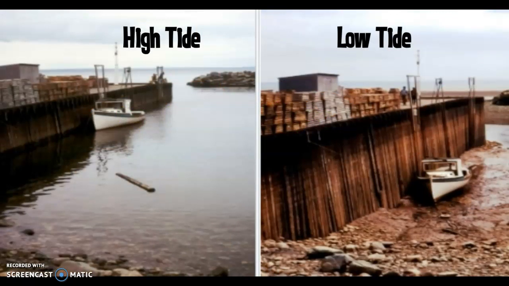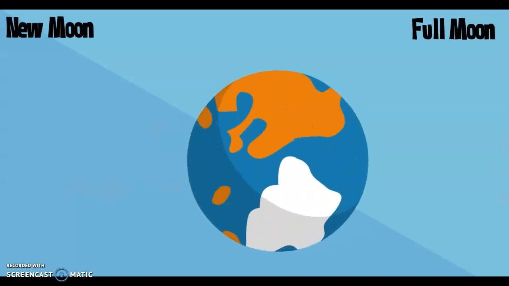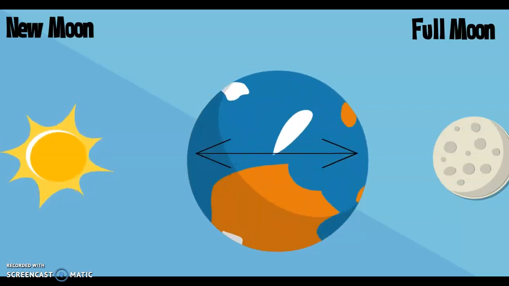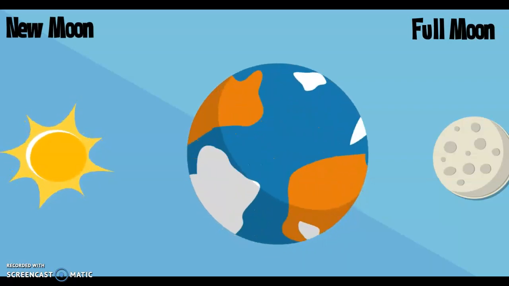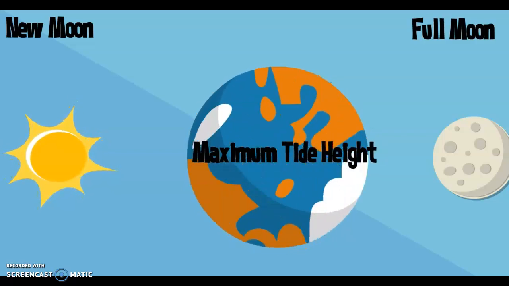The moon's orbit around the Earth also causes tidal changes. Most places get 2 high tides and 2 low tides each day. Approximately twice a month, around new moon and full moon, when the sun, moon, and Earth form a line, the tidal force due to this alignment is at its maximum, and the tide's range is also at its maximum.